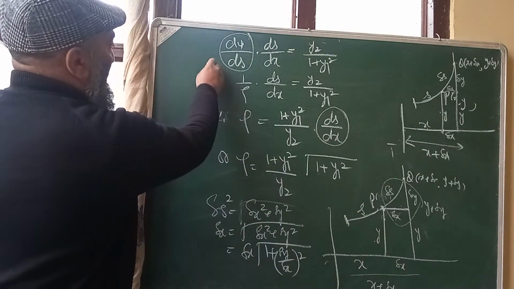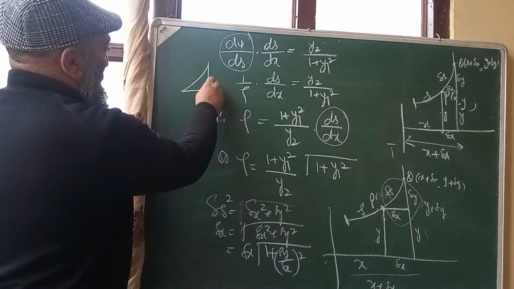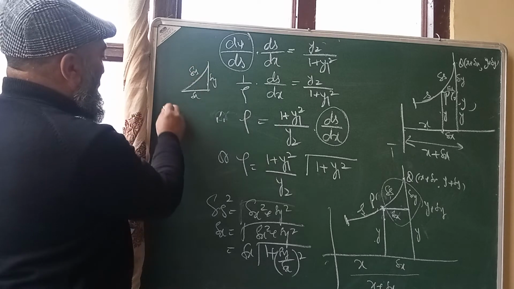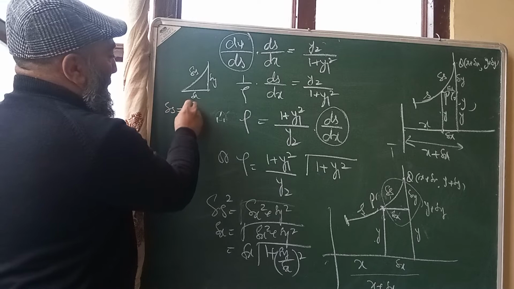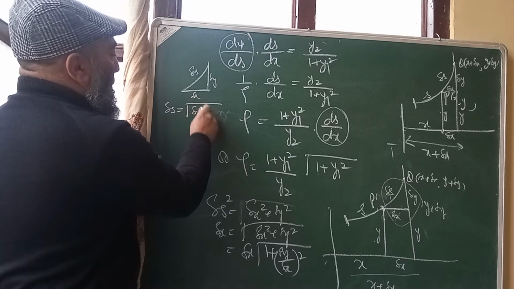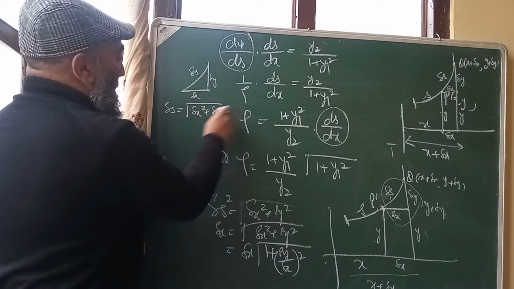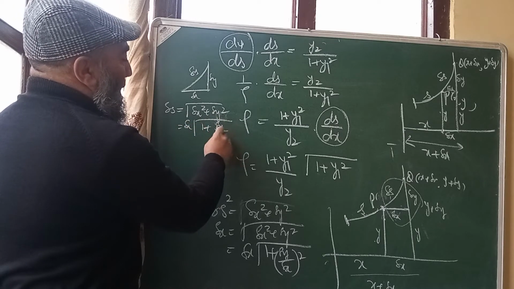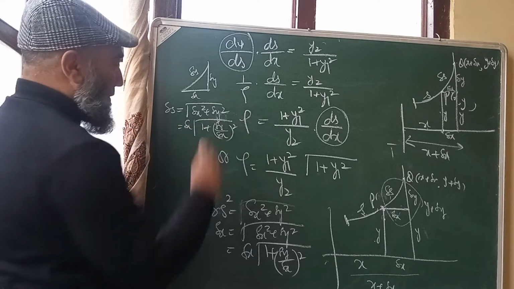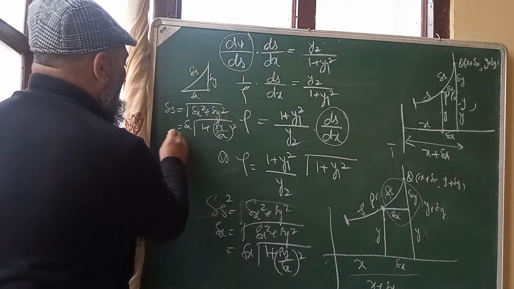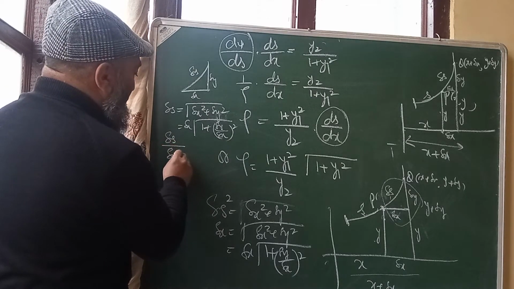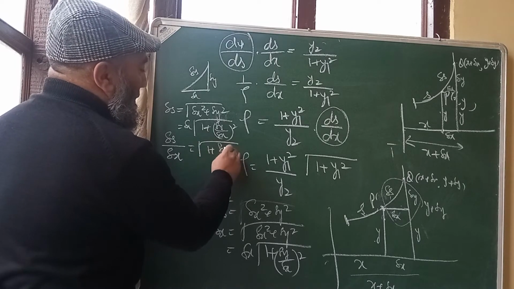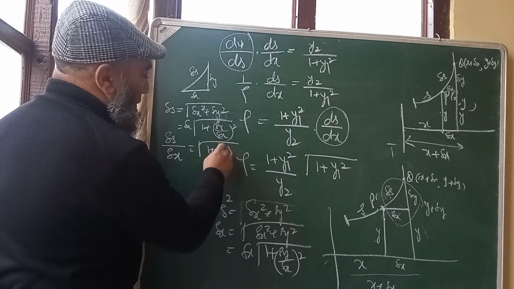We have the triangle: delta x, delta y, delta s. So delta s is under root of delta x square plus delta y square. Taking delta x outside, this is 1 plus (delta y by delta x) whole square. Now delta s by delta x is under root of 1 plus (delta y by delta x) square.